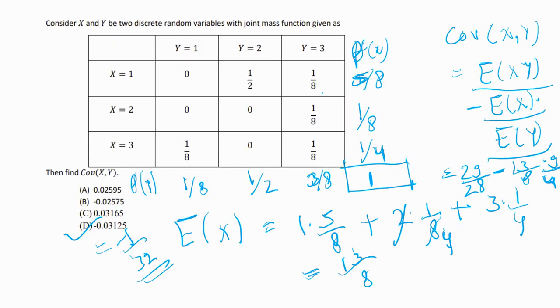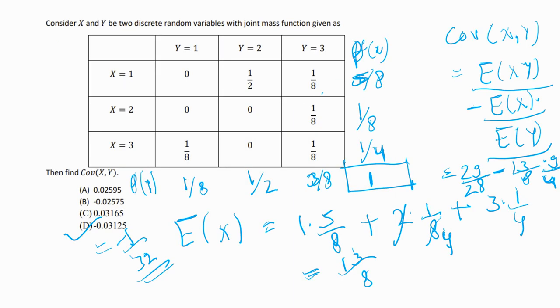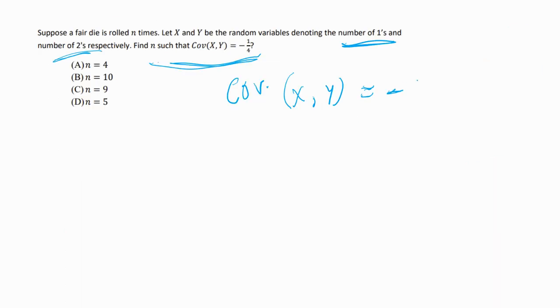So this one will be 0 and you will be left with expectation of x and y. That one will happen when it is 1 by 6 and 1 by 6. So basically the covariance of x, y will be, this one is 0, so minus n, and in n you will have 1 by 6 and 1 by 6, this one is for x and for y.